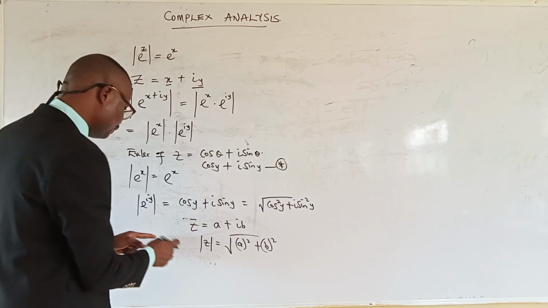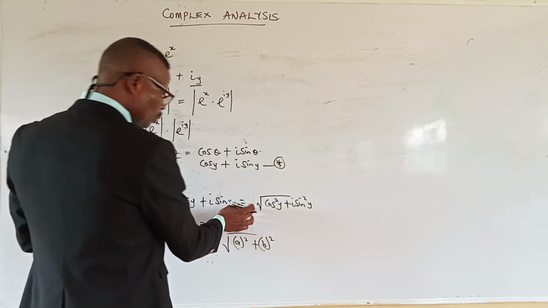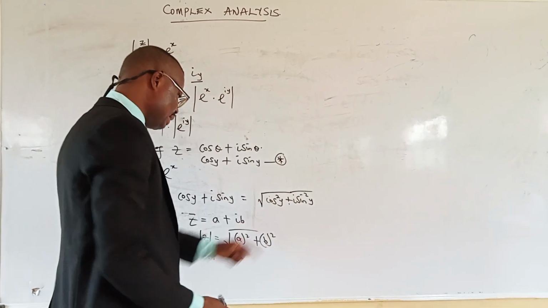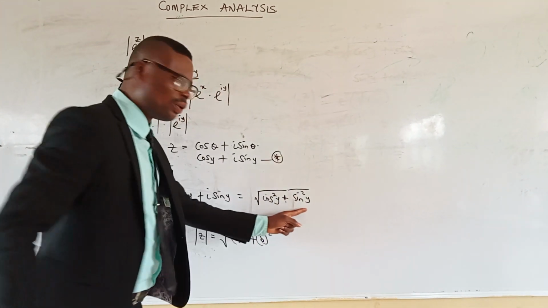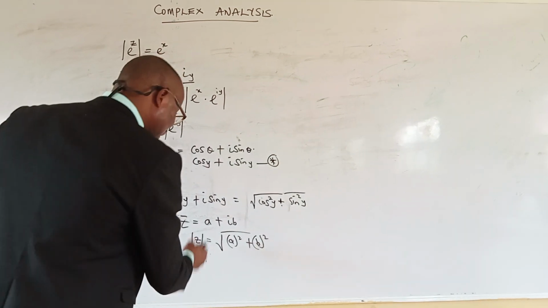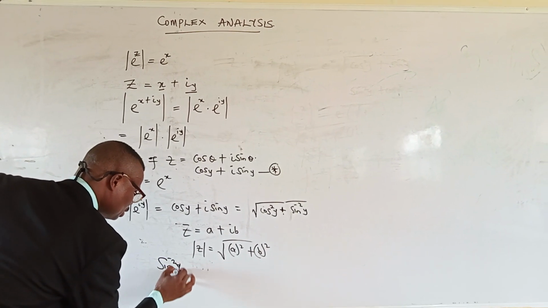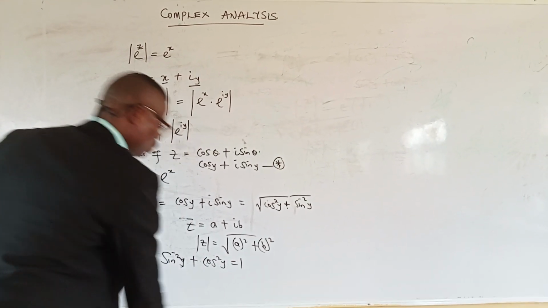Here we have the magnitude of e raised to the power iy, which gives me the root of cos square y plus sin square y. And recall that by the trigonometric identity, sin square y plus cos square y will give me 1.